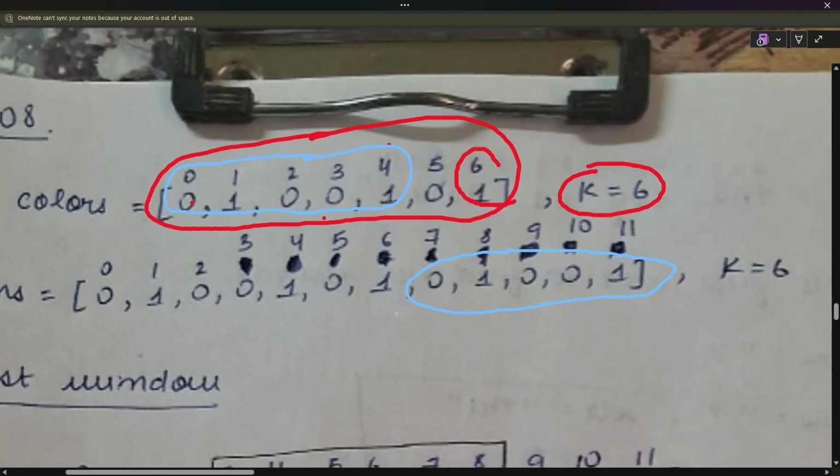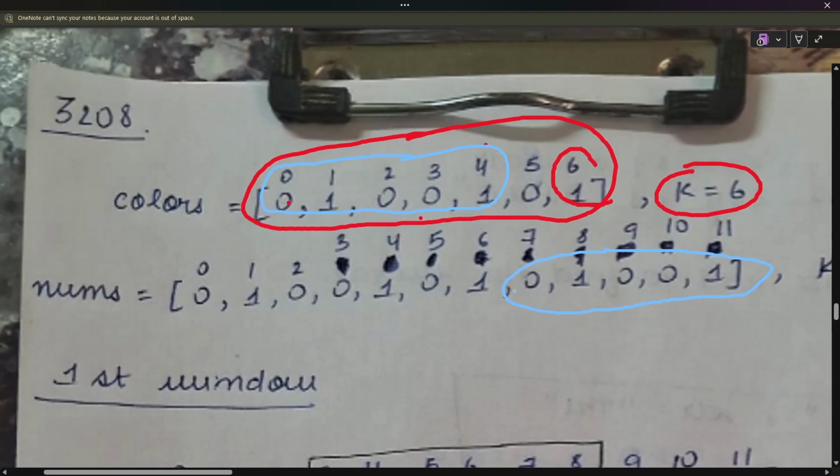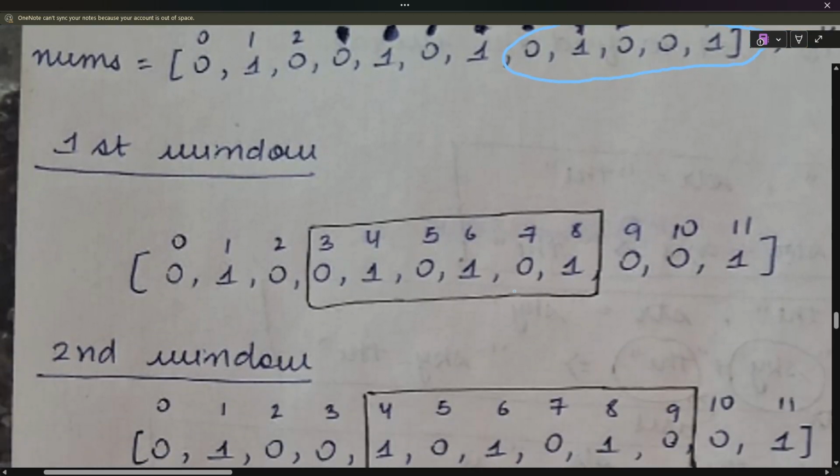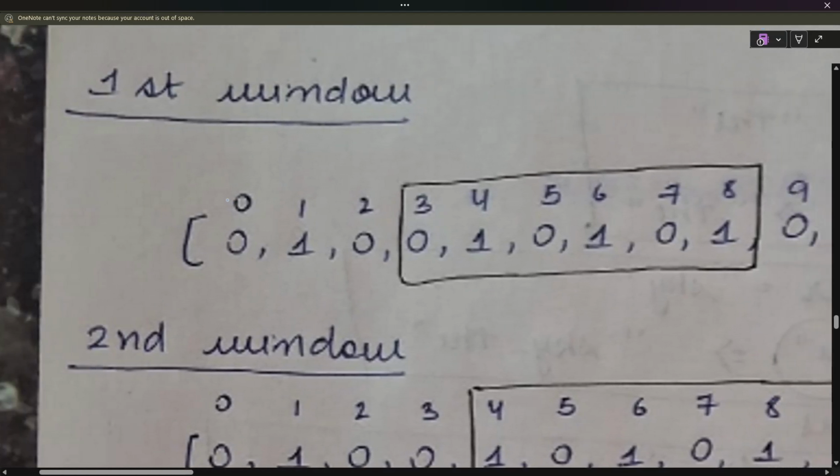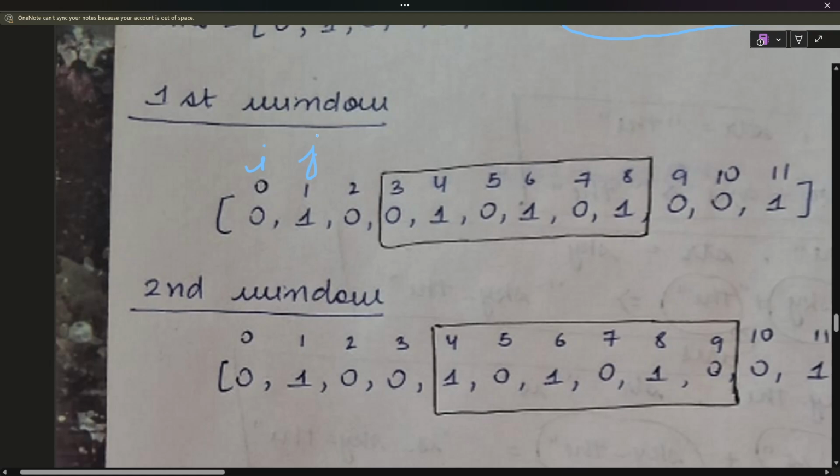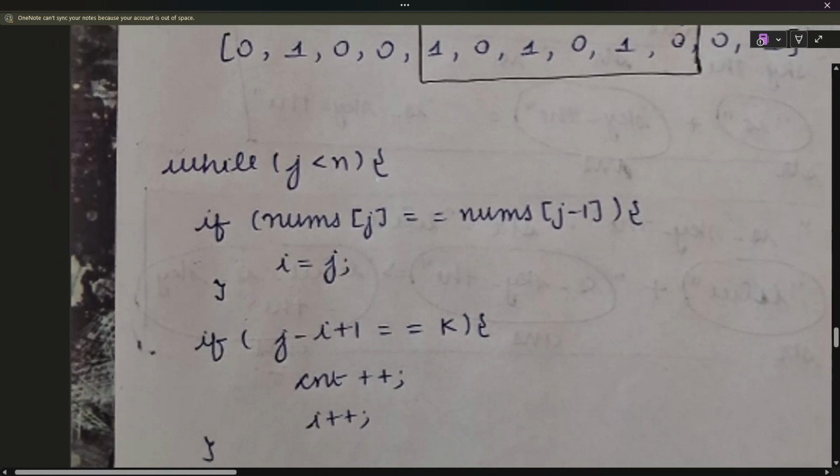Let me do the diagram for you, then things will be more clear. At the start, i will be here and j will be here. Let me show you the code. How do we check if it's alternating or not?